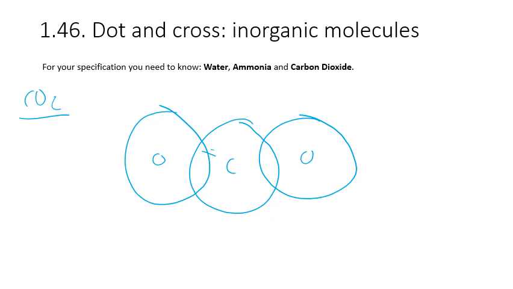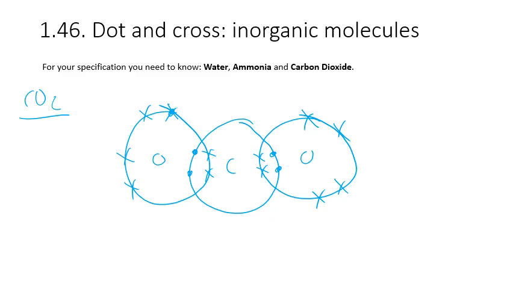So each oxygen donates 2 electrons into the bond, and the carbon puts all 4 of its electrons into the bonds. And of course, the oxygens have remaining electrons in their shells. So they have 1, 2, 3, 4, and 1, 2, 3, 4. Let's just count them up to be sure.